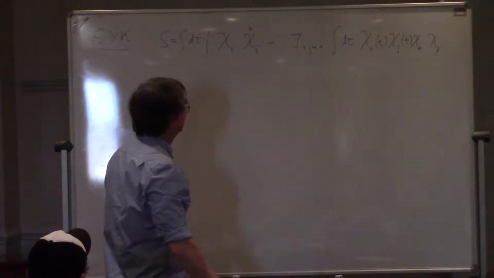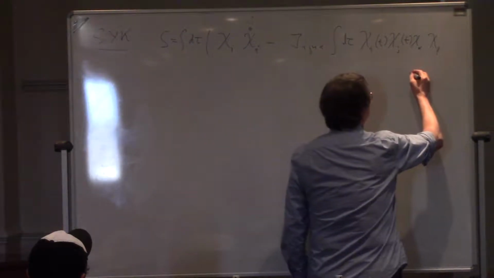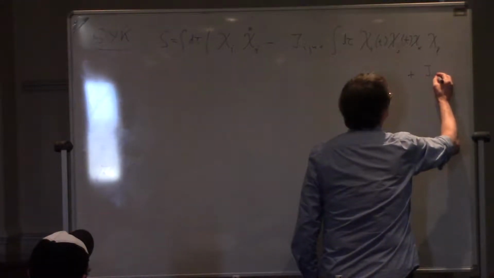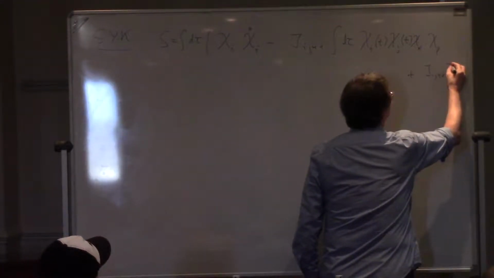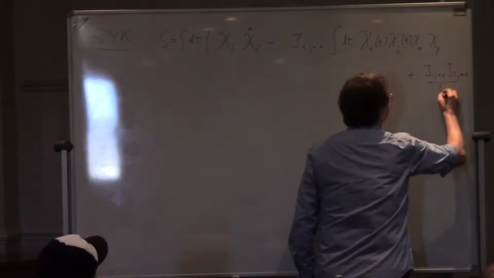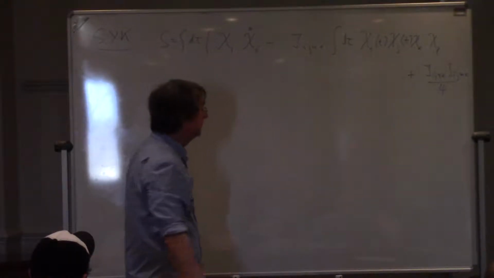And what happens with that random coupling? You essentially add the Gaussian to this: J_ijkl J_ijkl, and divide by 4 or something, and there's a strength of the Gaussian, which is 1 over J squared, which I will not write.